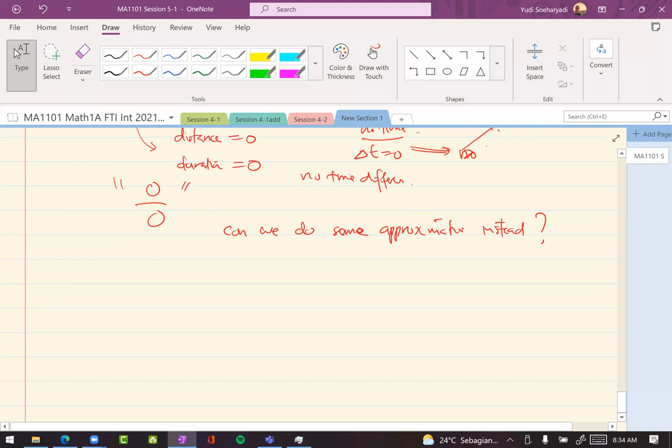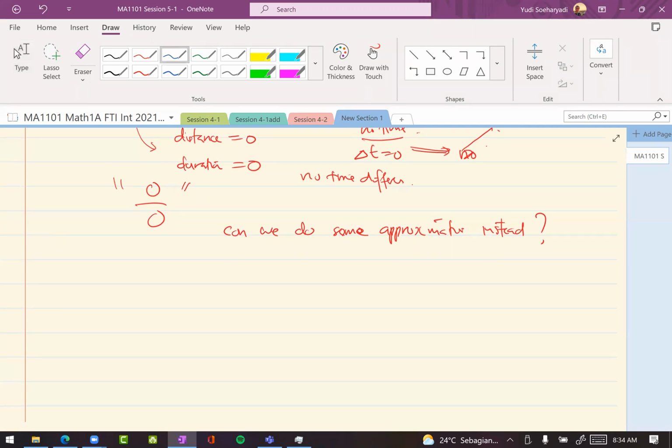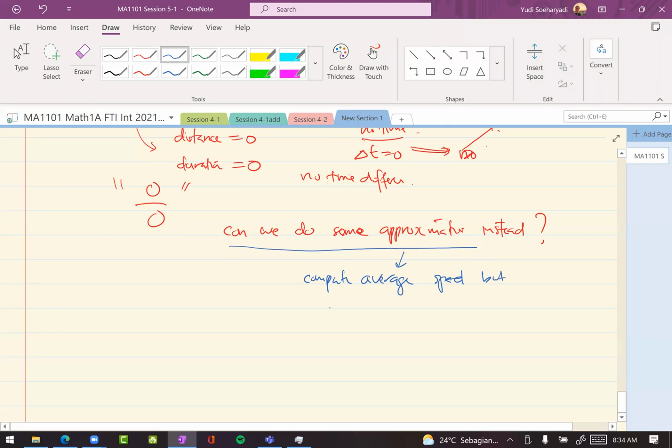Well, we say okay, let's do averaging, but make the duration shorter and shorter. So compute average speed, but with durations shorter and shorter.